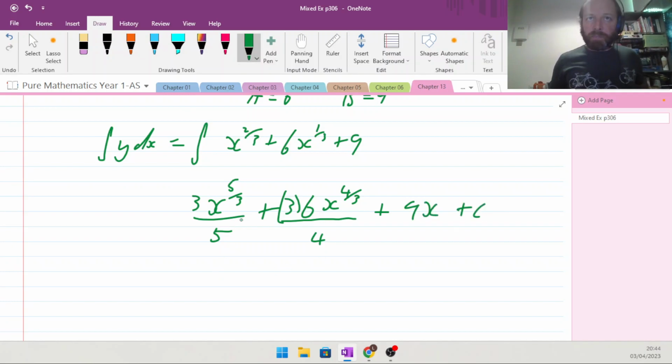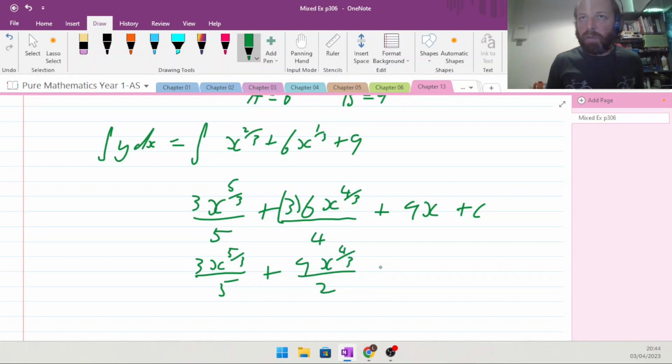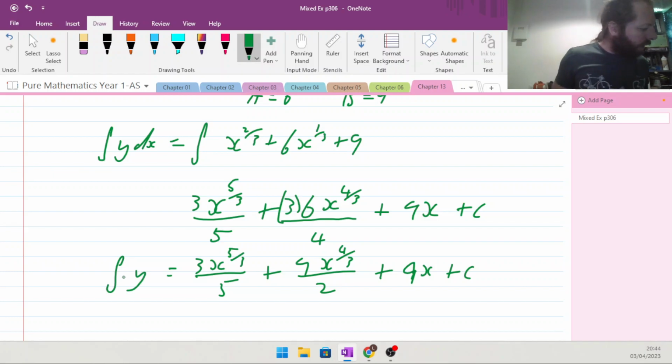plus 9x plus c. Any tidying up to do in that, just this little bit here, so we end up with 3x to the 5 over 3 over 5 plus 18 over 4 is 9 over 2. 3 6 is 18, okay, so 9x to the 4 over 3 over 2 plus 9x, that's a terrible 9, plus c, okay, is equal to your integral of y, which I believe is the same as what they've got in the back of the book.